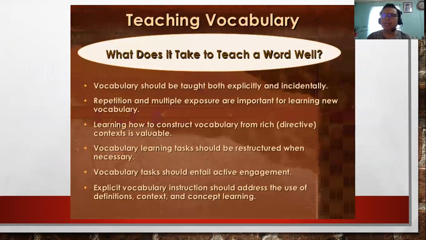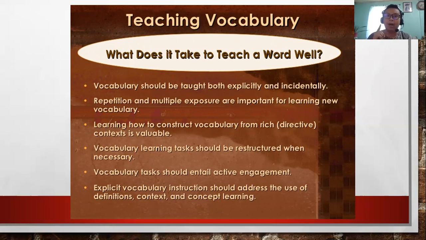What does it take to teach a word well? Vocabulary should be taught both explicitly and incidentally. So direct, and at the same time, there are actually insertions. It's incidental, but it has to be explicit. Repetition and multiple exposure are important for learning new vocabulary. Just like in math, where board exercises are very common. So we have to repeat.